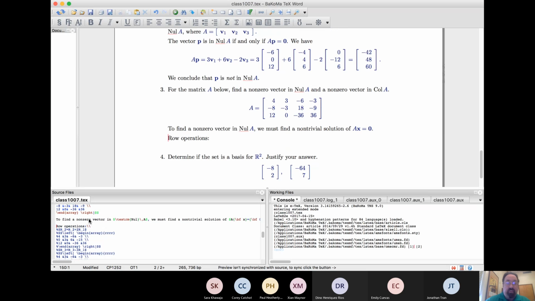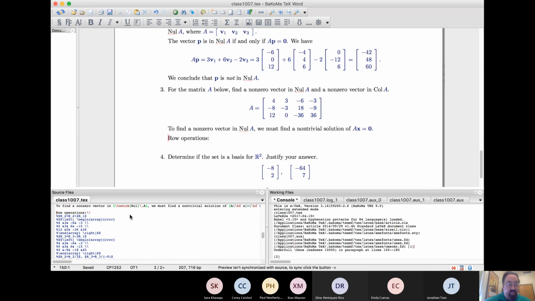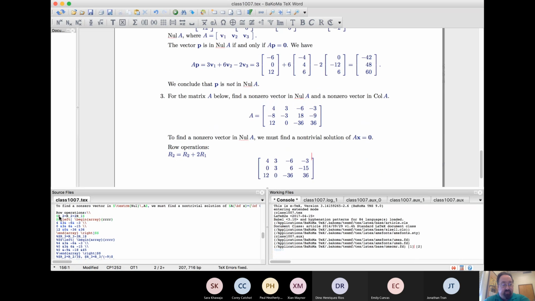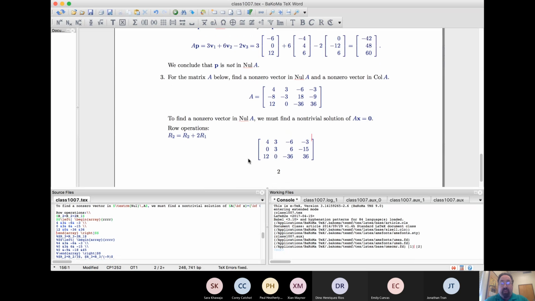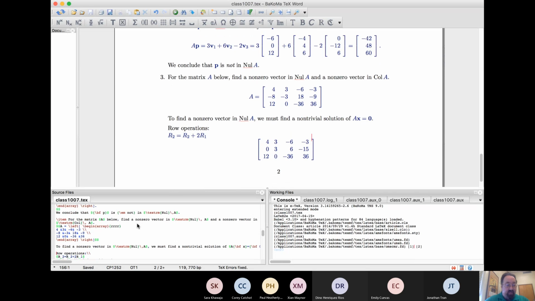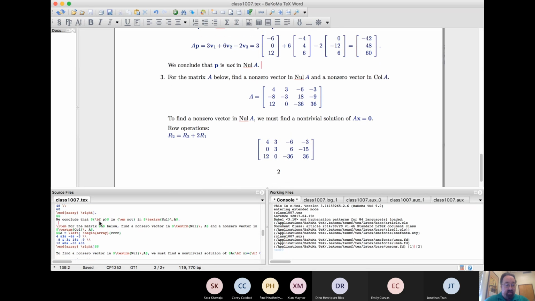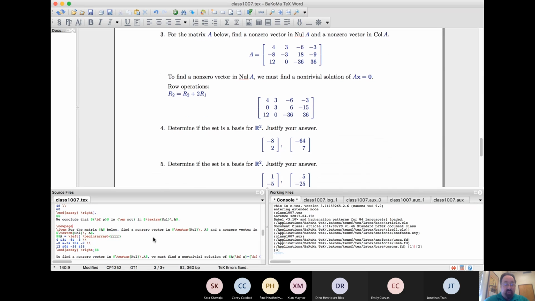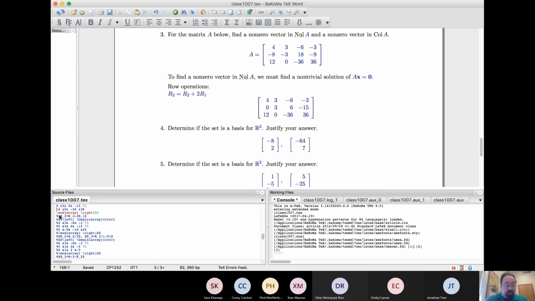So for row operations, here we can take twice this row and add it to this row. We can take 3 times this row and subtract it from this row to eliminate these entries in the first column. Okay, so we've eliminated that entry, and then the entry in the third row.